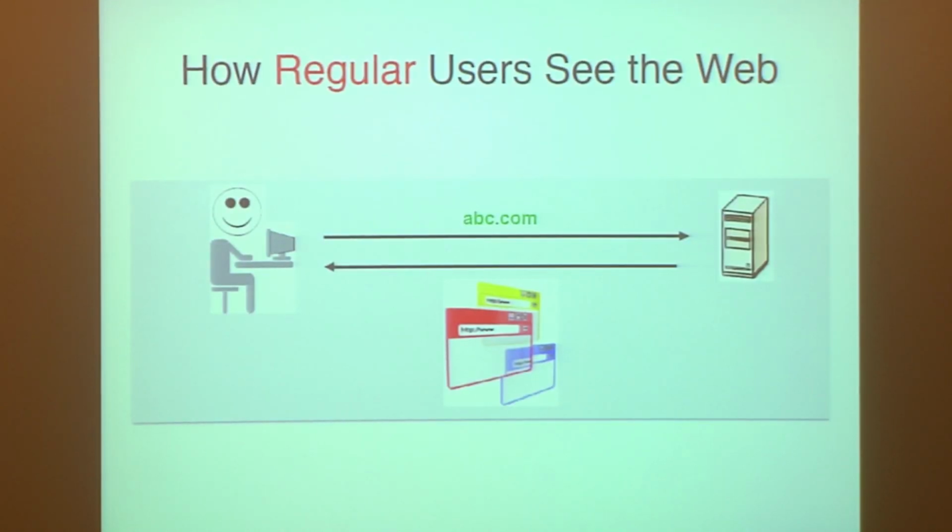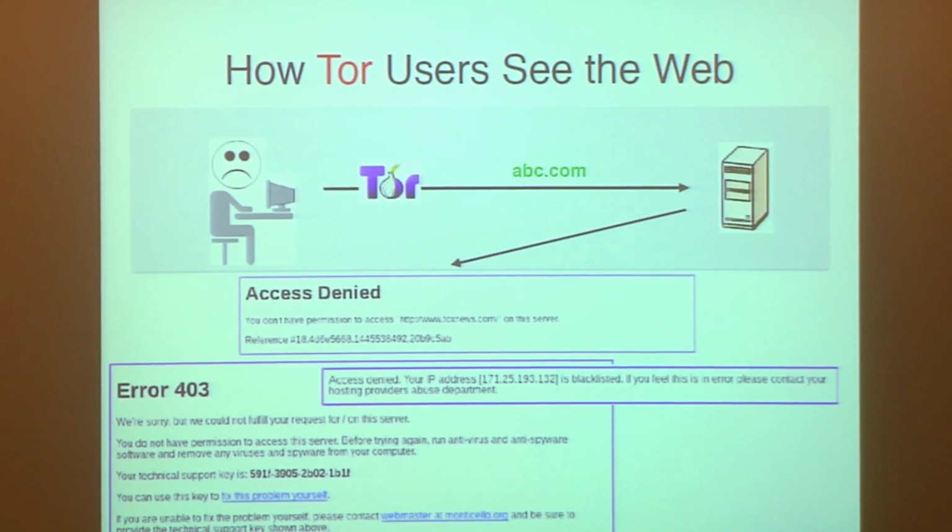And so just to quickly motivate this problem, when a regular user sees the web, normally they're relatively satisfied. They can get to most of the major sites on the internet fairly well. What's happening is that Tor users in particular are oftentimes seeing error messages. They're essentially being blocked or filtered somehow when they're using Tor.